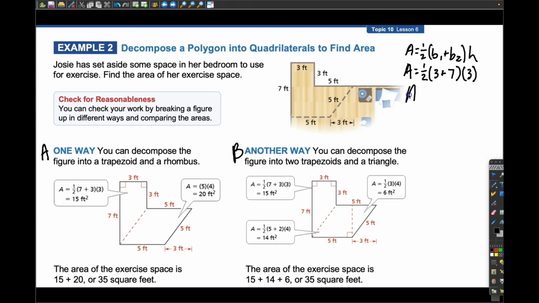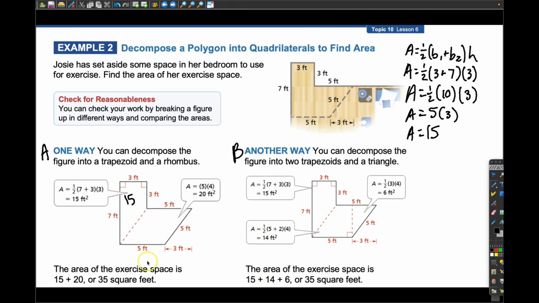Okay? Now, A equals 1/2 times 10 times 3. And 1/2 of 10 is 5 times 3. And then A equals 15. So this trapezoid equals 15.